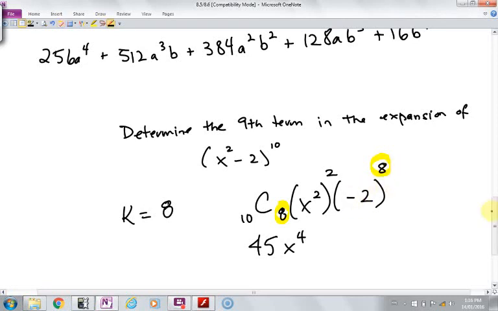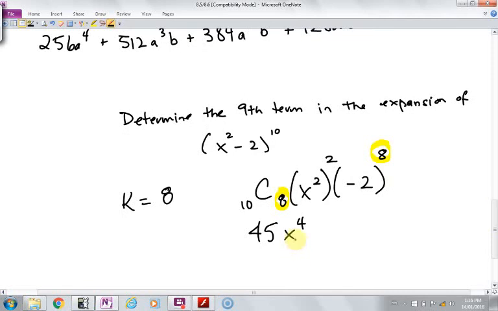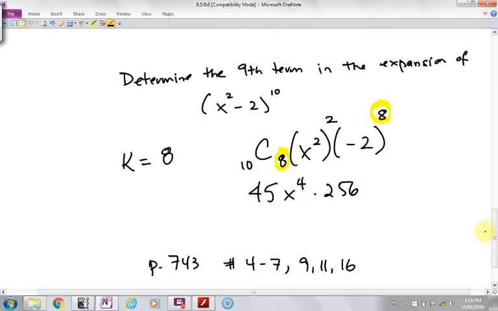And what's 2 to the power of 8? 256, yeah. And so now I need to know what's 45 times 256. Anybody with a calculator? 11,520. So that is the 9th term in the expansion of that.